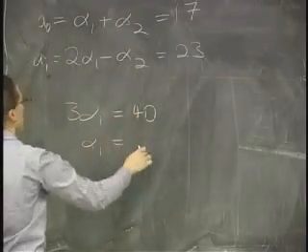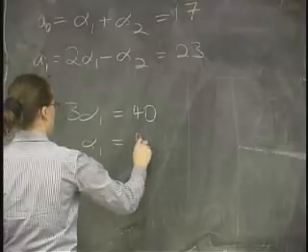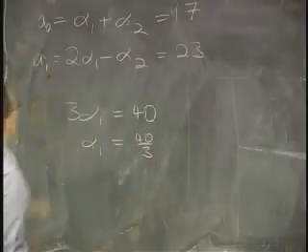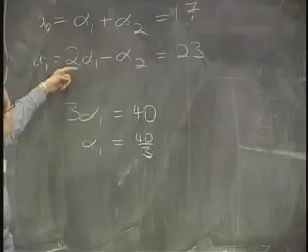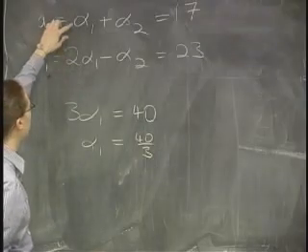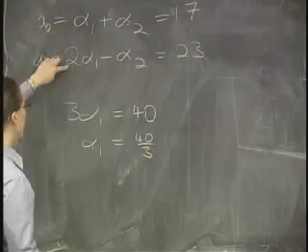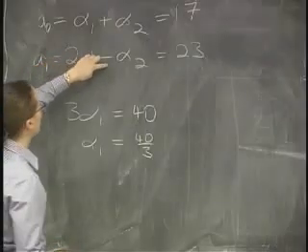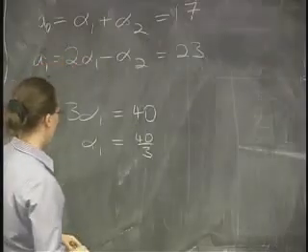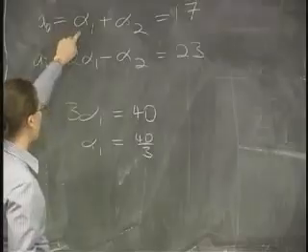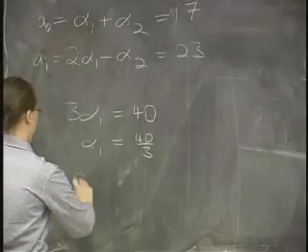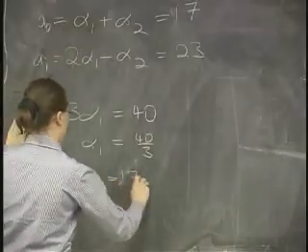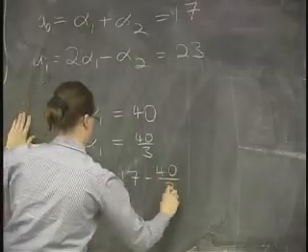So alpha 1 is equal to 40 thirds, and if I subtract this from here, alpha 2 is 17 minus 40 thirds.